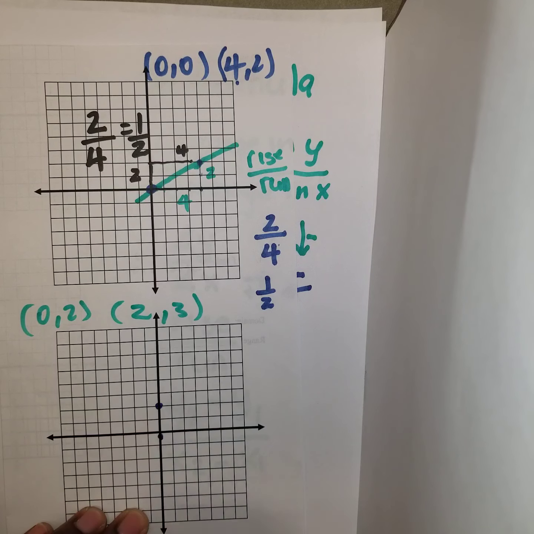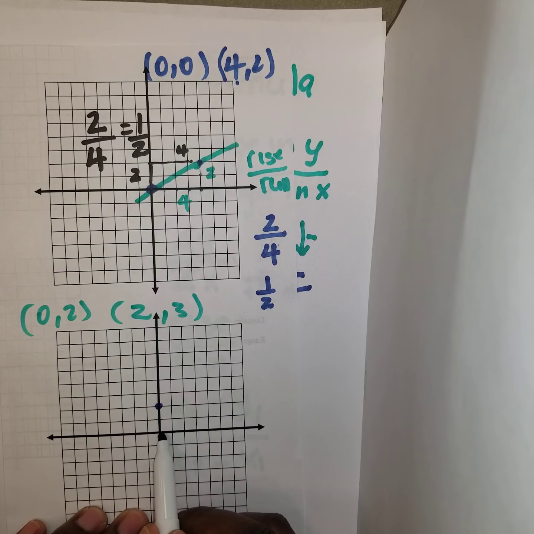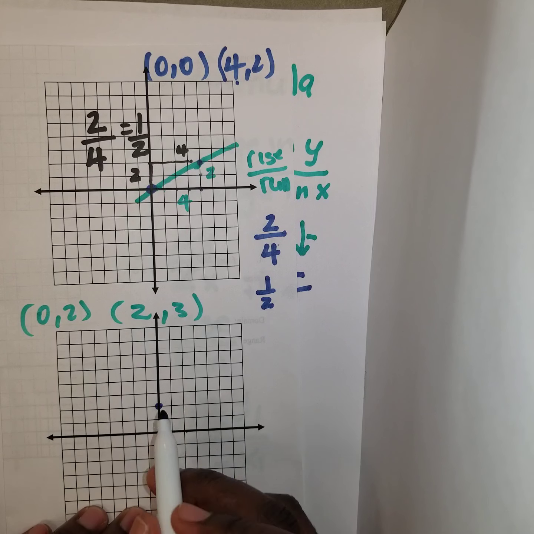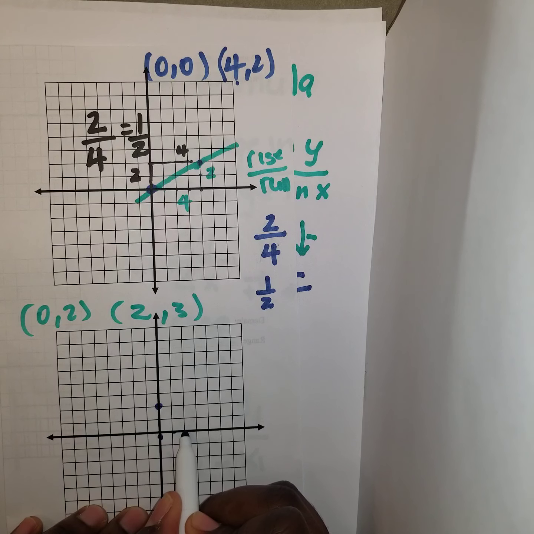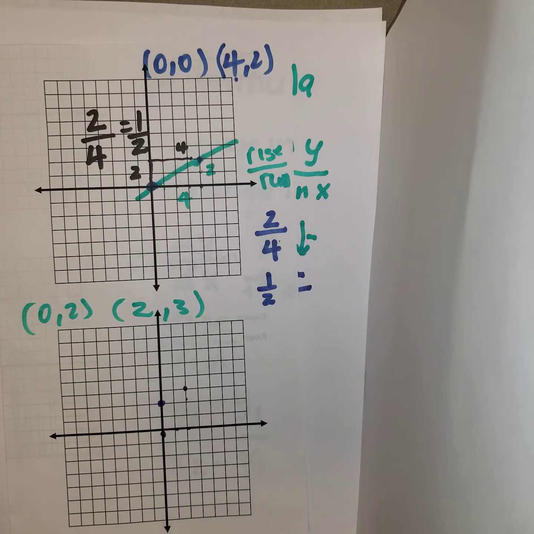So this is my point. The next point is 2, 3. You mean 2 on the x-axis, then you move 3 on the y-axis. So 1, 2, at the same point you move 3 upwards. You move 1, 2, 3 upwards. The point is very small, but we still can see it.